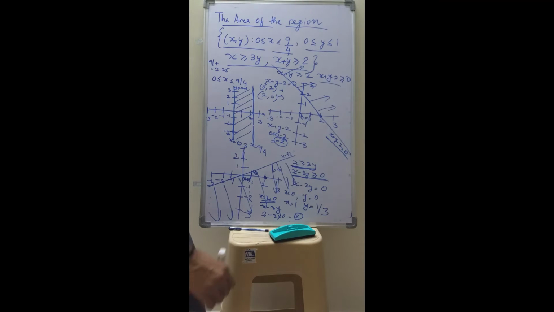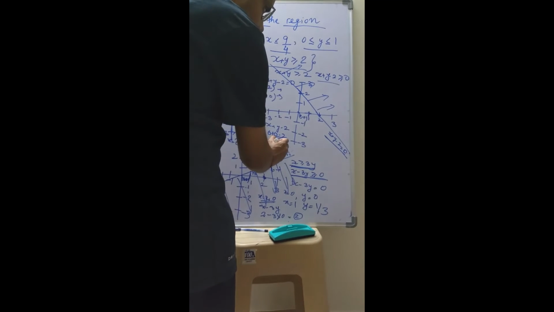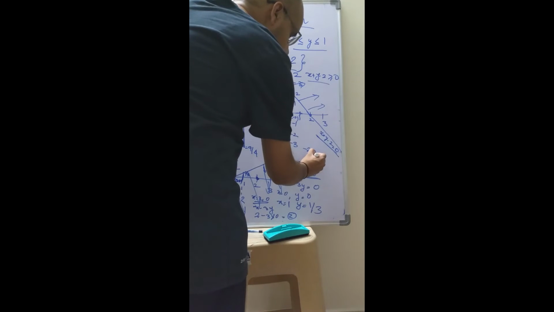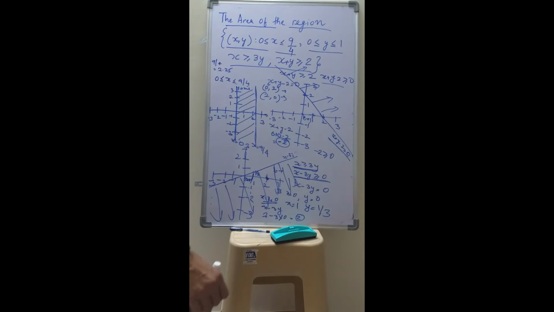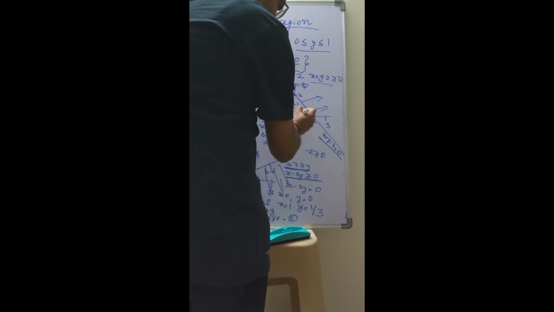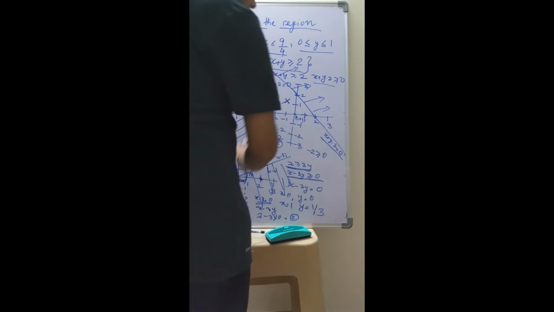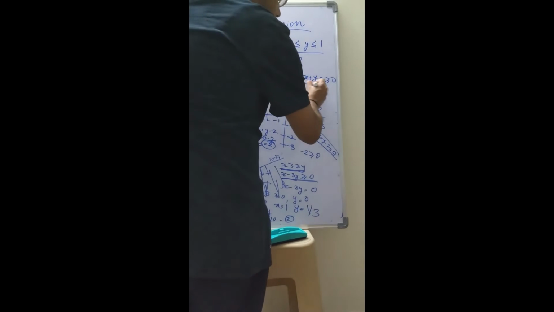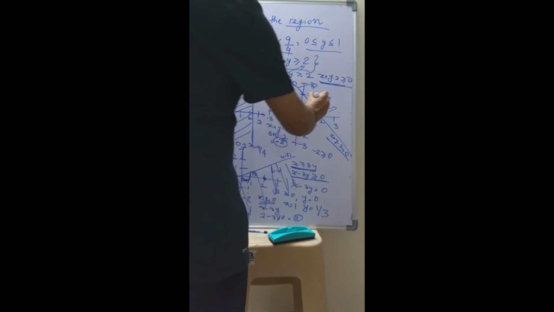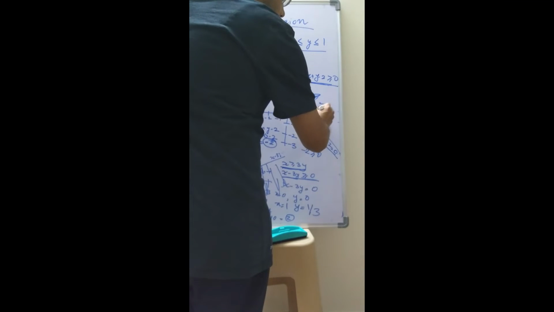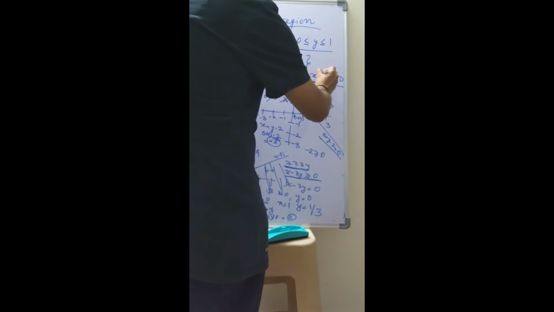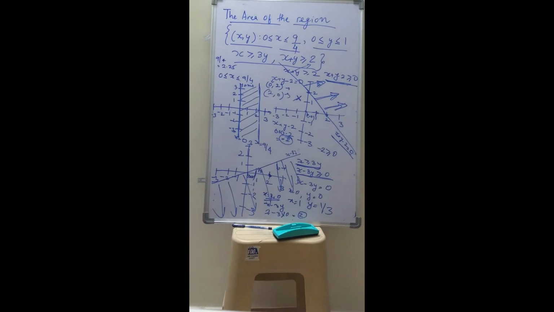Is minus 2 greater than equal to 0? No, right? Which means this is not the area which satisfies x plus y minus 2 greater than equal to 0. So this is the area which will satisfy x plus y minus 2 greater than equal to 0.